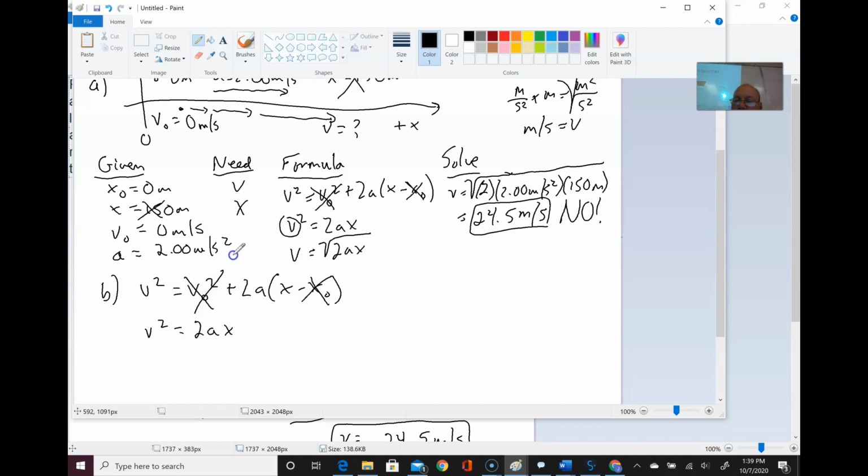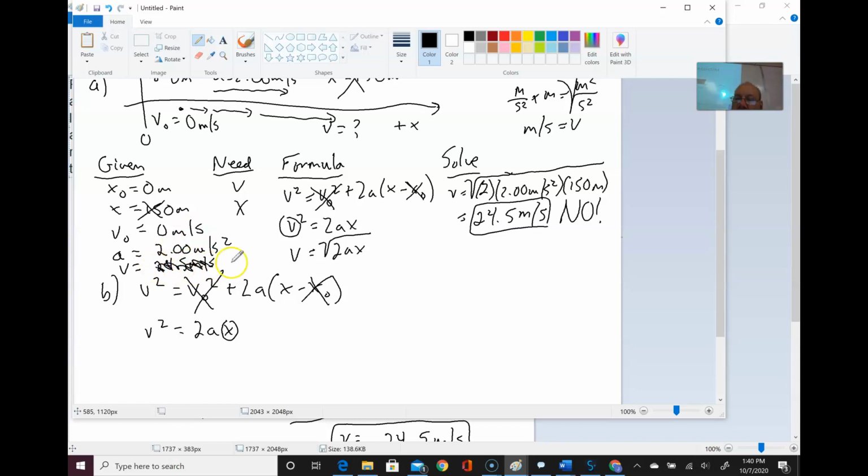But now I'm not trying to find the final velocity. Now I'm trying to find the distance that I'm going to go if my final velocity is, I'm going to need to put that down here, 24.5 meters per second. So what we're saying is, I can't reach that velocity after 150 meters. My final velocity is going to be, oh wait a minute, it's not going to be that either, is it?